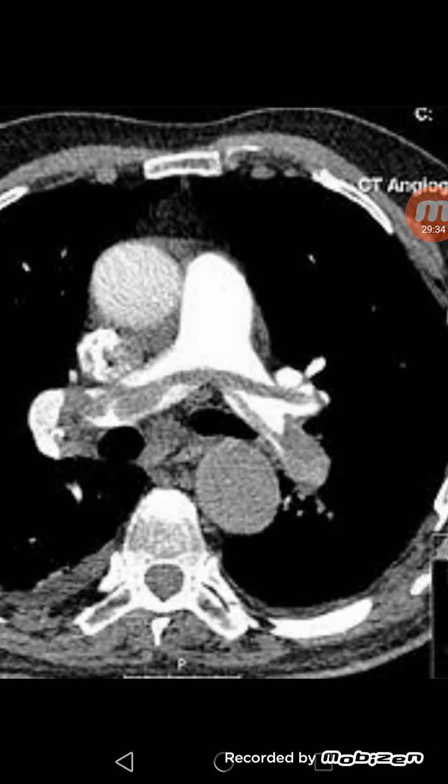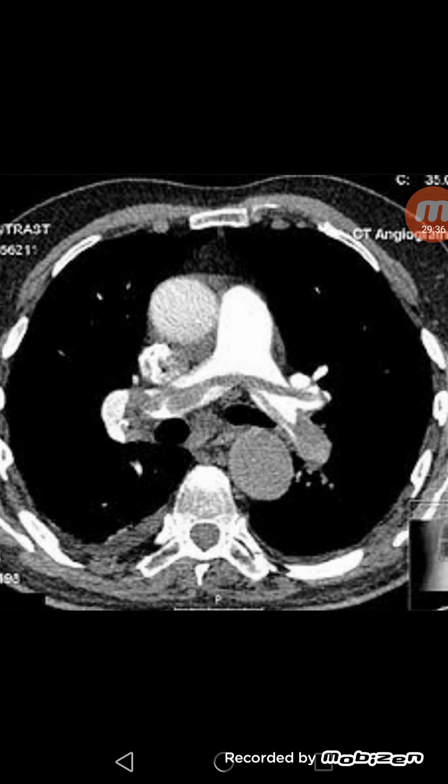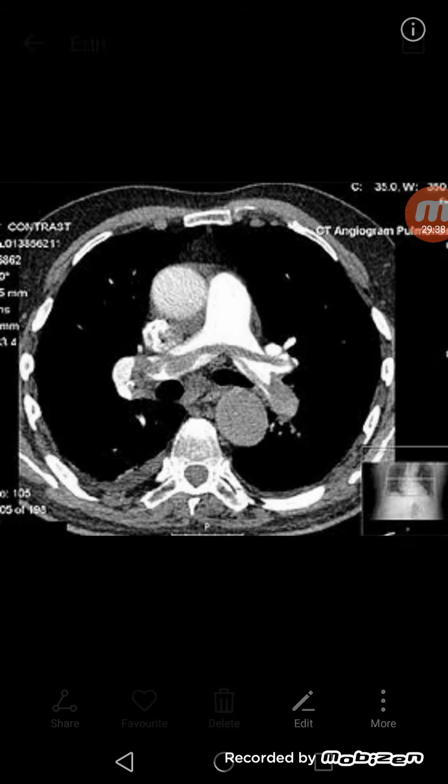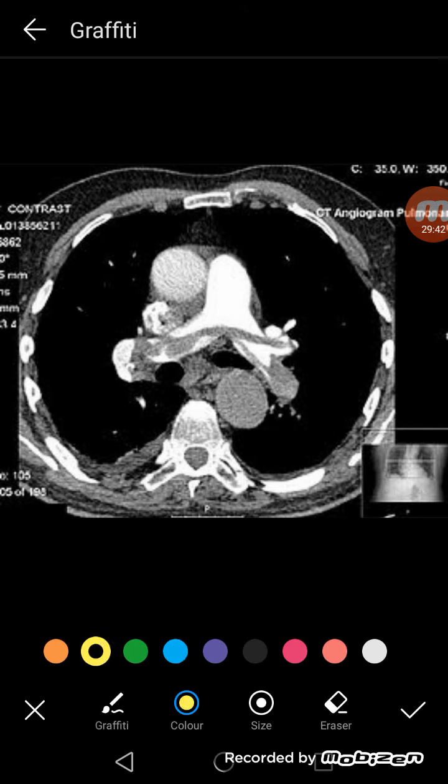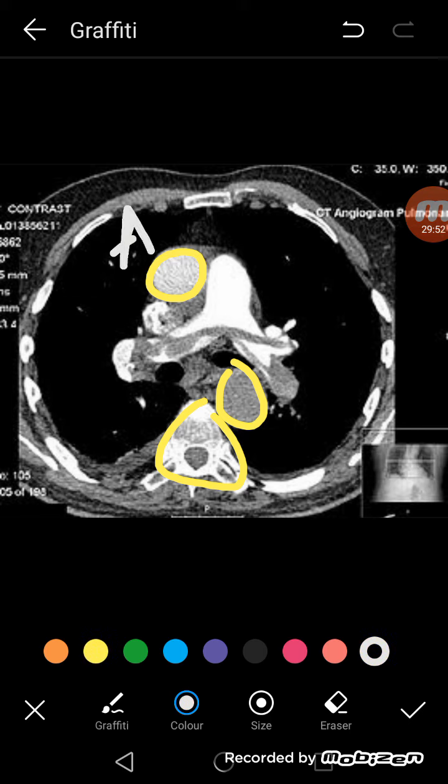Now tell me what is what. What is this? This is the vertebral body. Now tell me what is this? This is your ascending aorta. And this behind is the descending aorta.